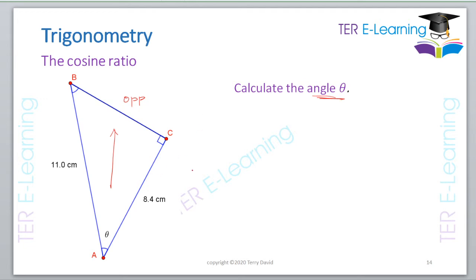And if we look carefully, this side opposite the right angle is called my hypotenuse. And therefore the last side here is my adjacent, right? So if you look carefully, I have hypotenuse and I have adjacent. So which ratio am I using here?